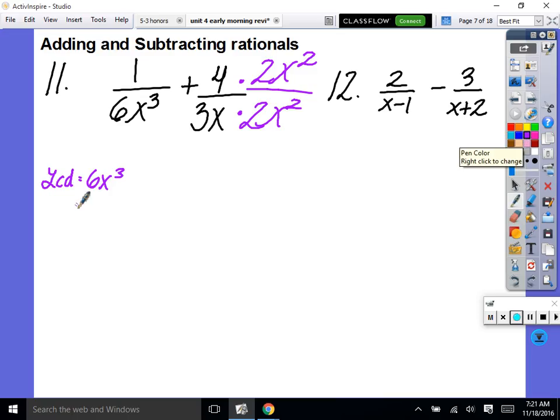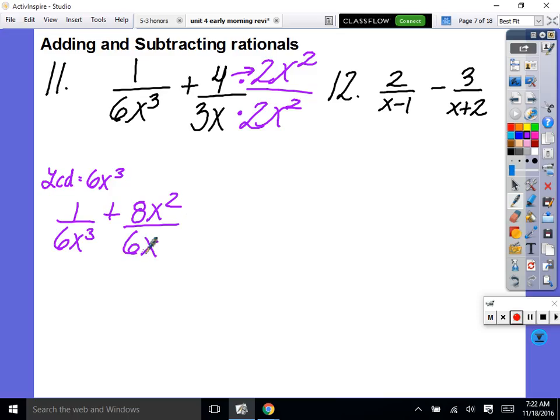So we really have this 1 over 6x cubed plus 8x squared on top, right? Over 6x cubed. So now that I have my common denominator, I've made sure by actually multiplying all this out, I can combine my tops together. So that would be 1 plus 8x squared all over 6x cubed.